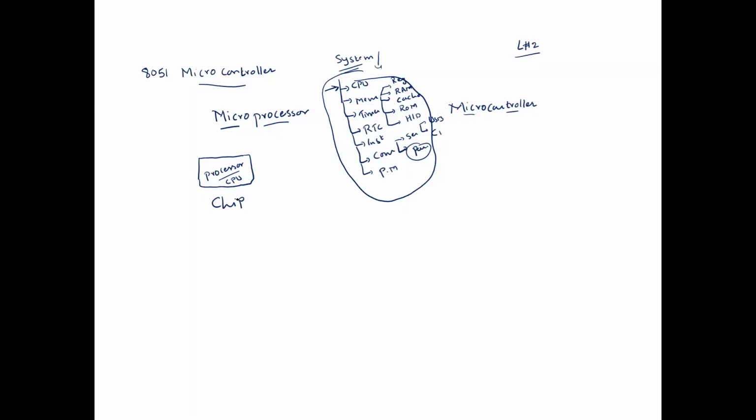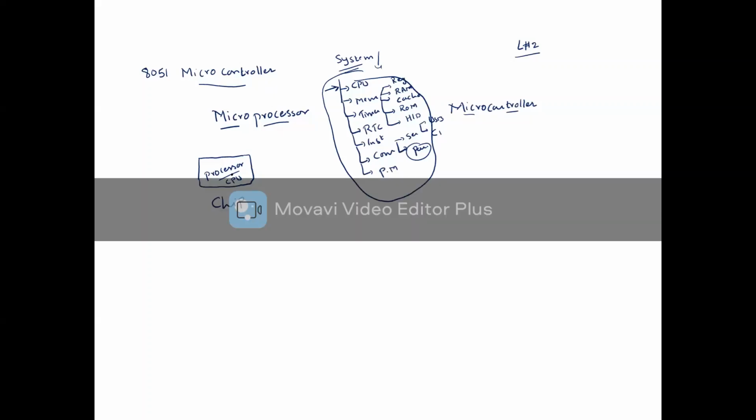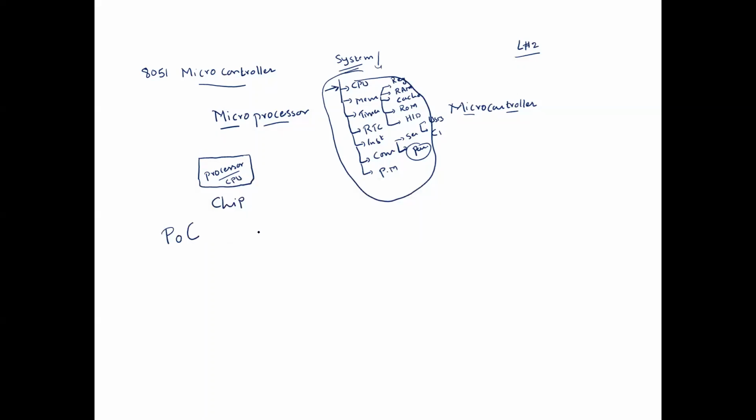When we develop a chip, we find only the processor inside it. If we have only a processor, then we cannot term it as a system, right? So we term the microprocessor as what? Processor on chip, CPU on chip.